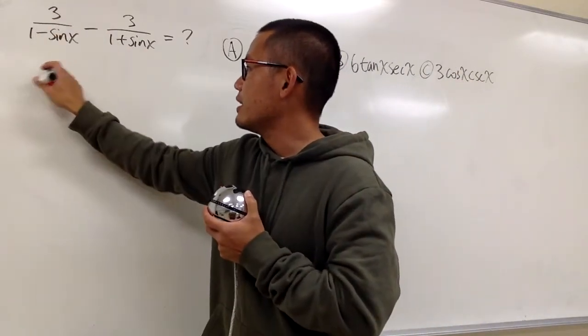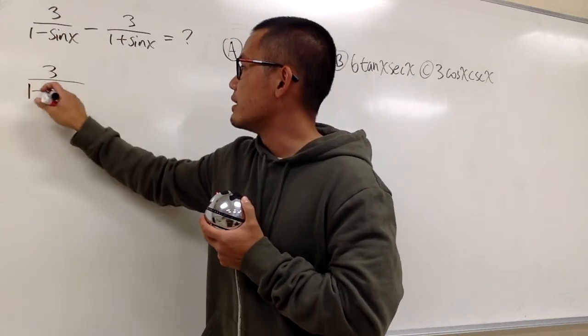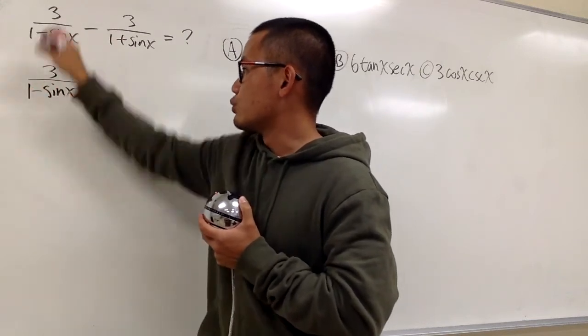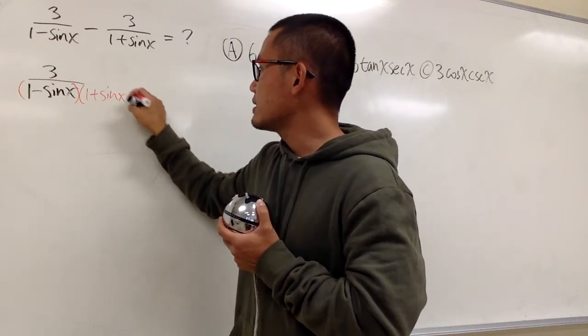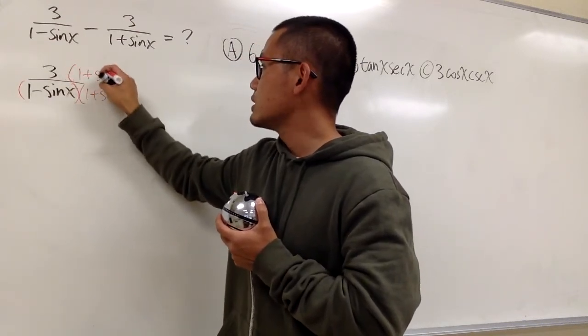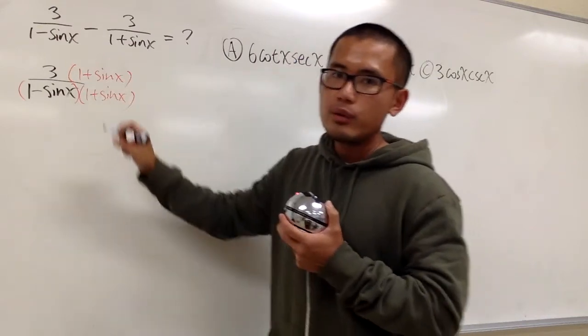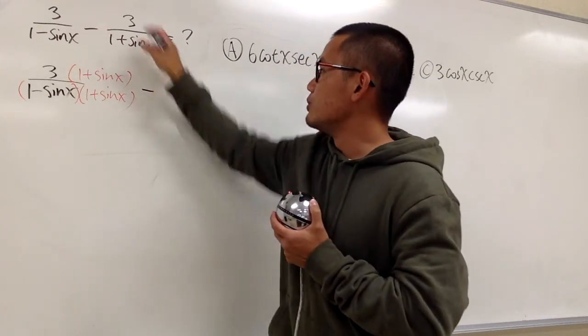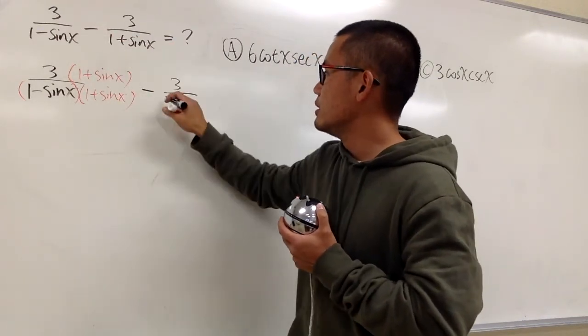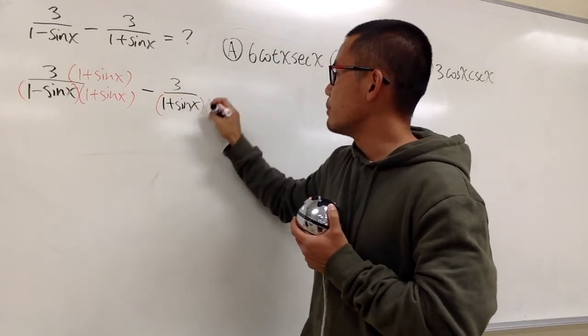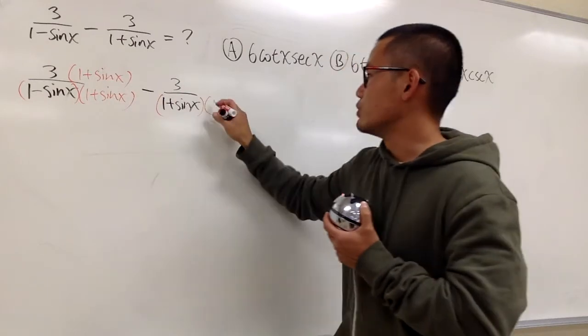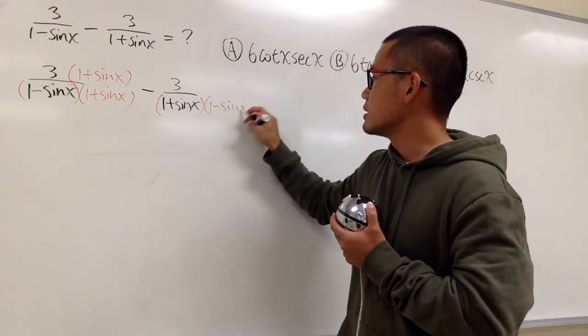Let me put this down again. 3 over 1 minus sin x. And I'll multiply this by 1 plus sin x, and do the same on the top, of course. And then we will minus 3 over this, right? 1 plus sin x, and I will of course take this and multiply by that, which is the 1 minus sin x.